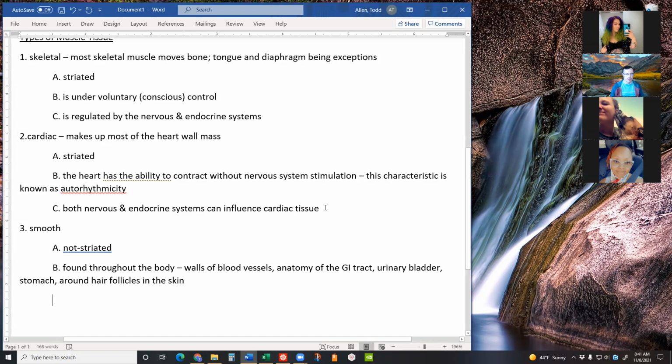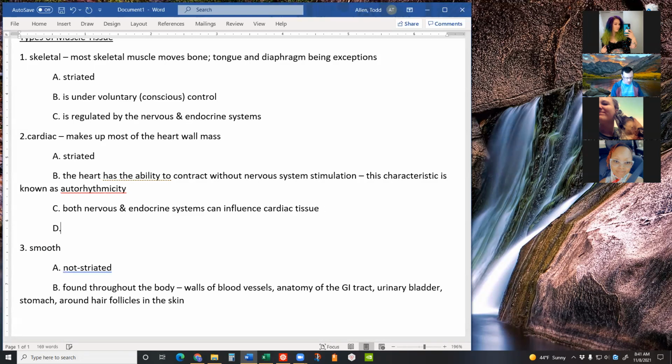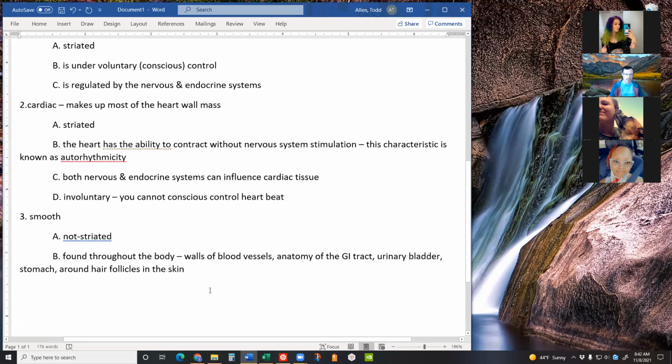Let's go back up here. I should have mentioned for the heart that the heart is involuntary. You cannot consciously control your heartbeat. And the same is going to be true of smooth muscle tissue.